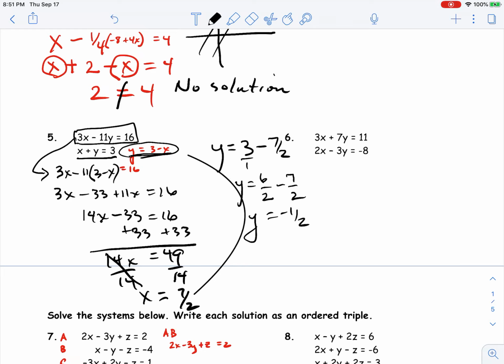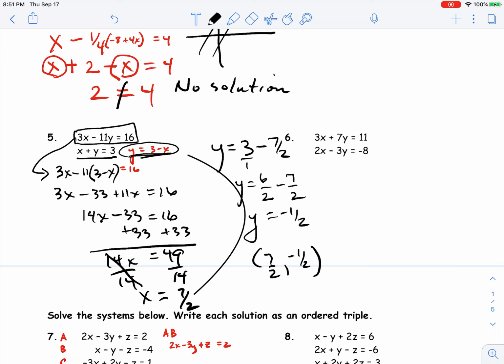And so my ordered pair is 3 1/2, which is 7/2. In fact, let me just write it that way so you don't get confused. My ordered pair, the solution is 7/2, negative 1/2.